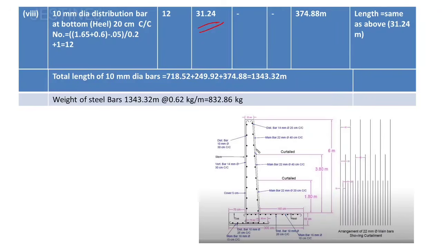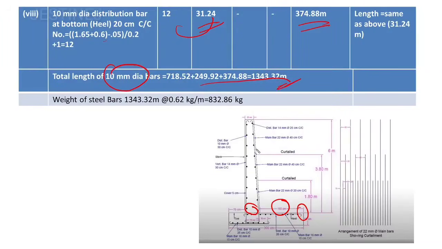At the heel portion you can calculate the total numbers: 1.65 plus 0.6 minus the clear cover from this side, divided by 0.2, the center to center spacing, and you will get 12, and multiply with these values, you will get 374.88 meter.